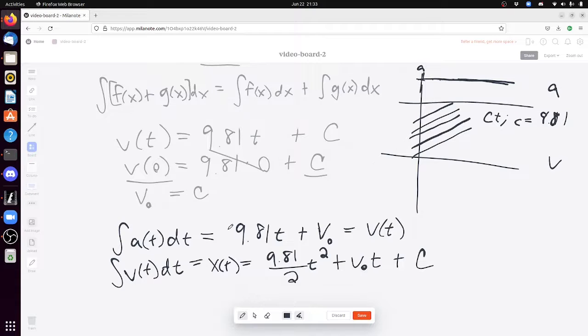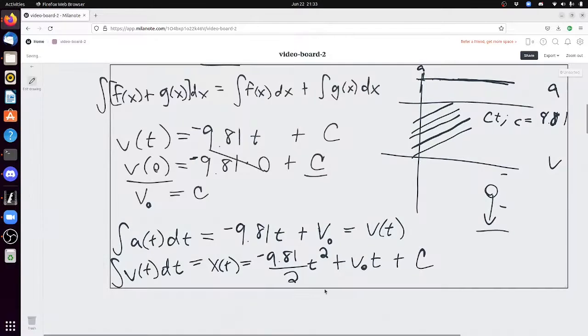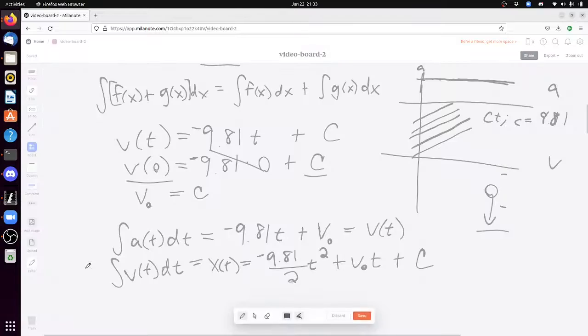And by the way, I should have actually started this video saying negative 9.81 to indicate that negative means going down towards the ground. Earlier we were making towards the earth be positive, but in a normal physics class, they actually do it the opposite way.